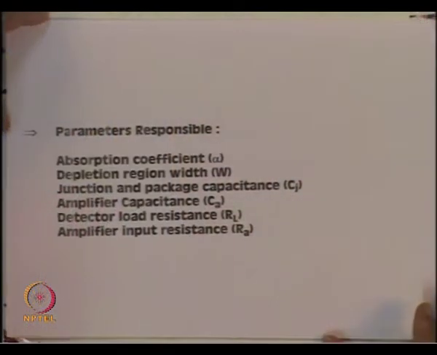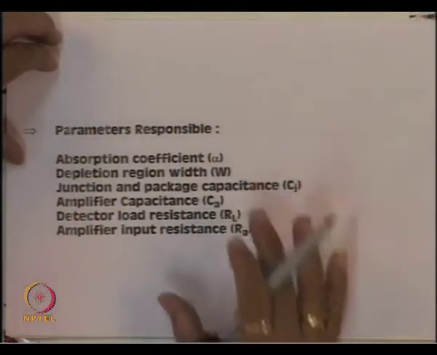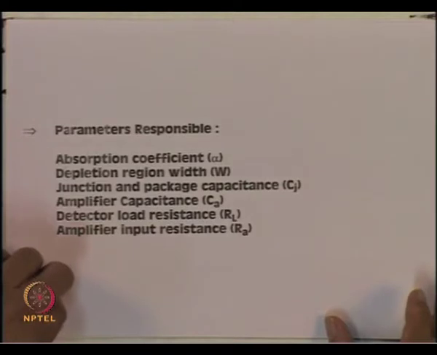One can reduce the junction capacitances and amplifier capacitances. One can design the circuits appropriately so that the capacitances are minimized. And again, one can choose proper values of resistances so that the RC time constant can be made as small as possible.